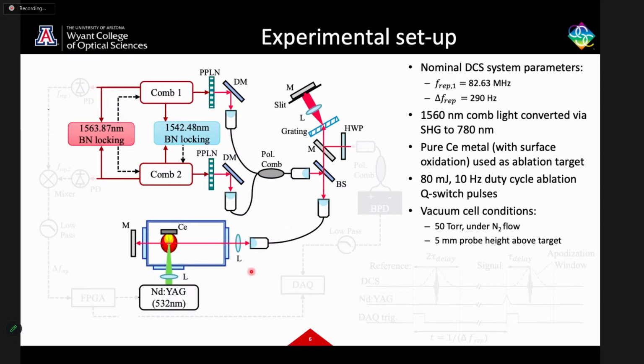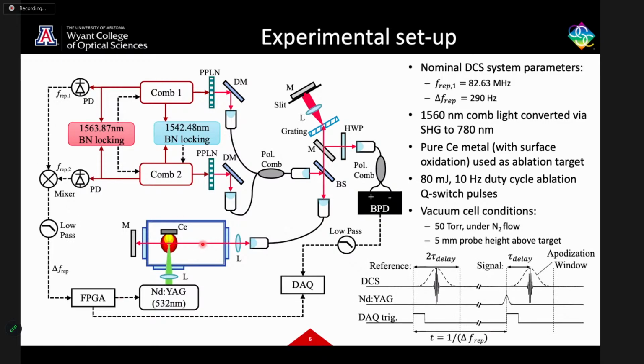So we're able to generate the cerium plasma in a vacuum cell with a 50 torr total pressure under a nitrogen flow, with a probe height of about 5 millimeters with respect to the target surface, perpendicular to the direction of the Nd:YAG pulse discharge.